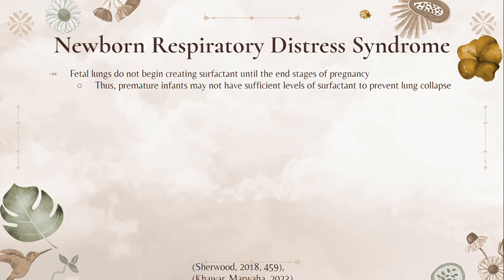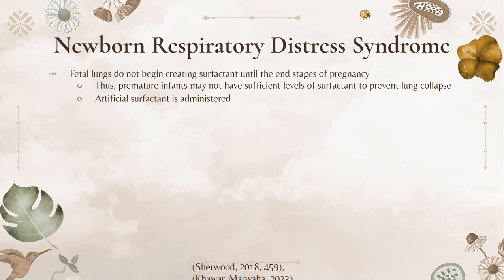So when babies are born too soon, they may not have sufficient levels of surfactant to prevent lung collapse. And in fact, their lungs are going to have to work significantly harder to breathe room air, because they are constantly fighting those pressure gradients.